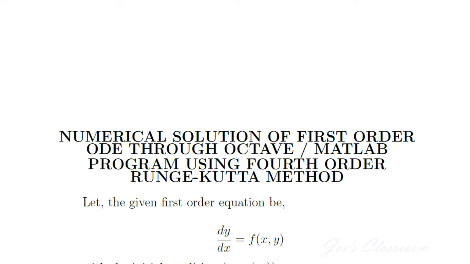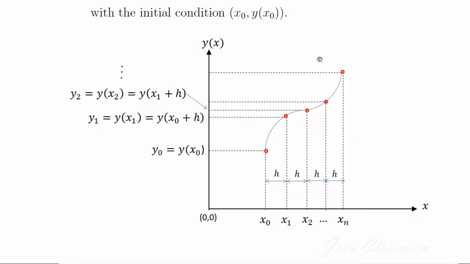Before writing the program, let us see some theoretical background and an example differential equation for which we are going to write the program. Let us consider a function y of x described by this curve. Y of x is a function of x.